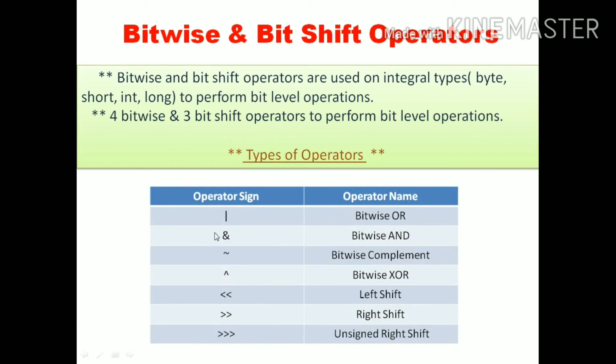There are different signs: a single straight line, I think this is a vertical line, bitwise OR and bitwise AND, the sign known as complement, used as bitwise complement, that is XOR, bitwise XOR, left shift, right shift, unsigned right shift.